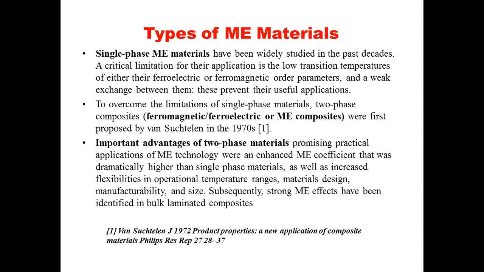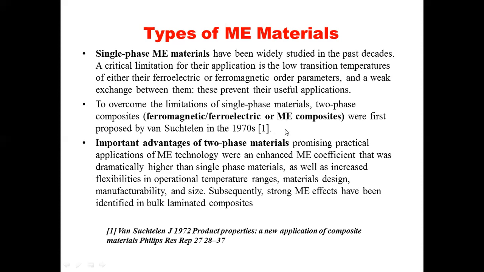Another problem was that these single phase materials had a very low Curie temperature, even below room temperature. These two problems of single phase materials led to the invention of a new type of materials, called the multi-phase or composite materials.